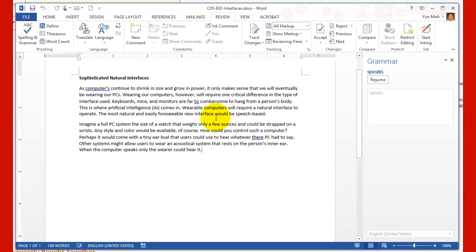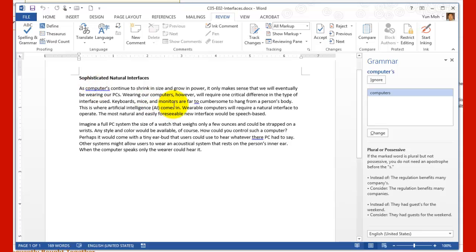Once you do that, you'll notice that there are some words with red or, not red, blue underlines. It could be blue depending on setup, but on my computer it is blue, and that basically means there's some questionable grammar issue going on.